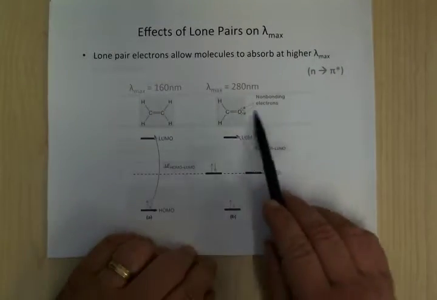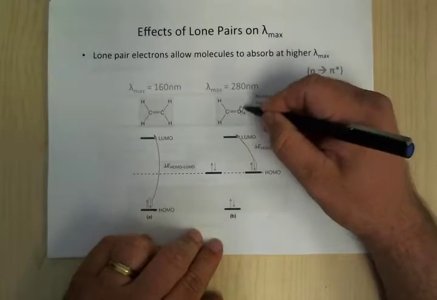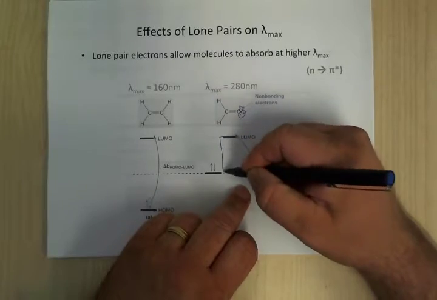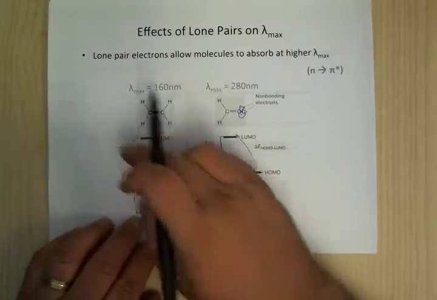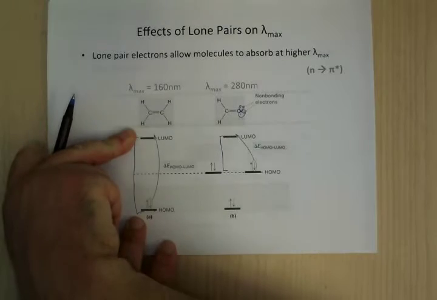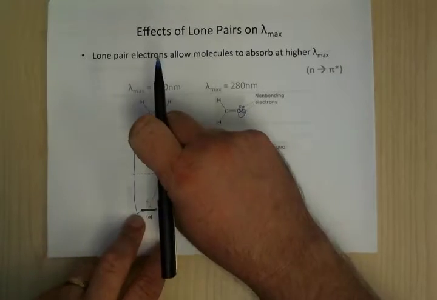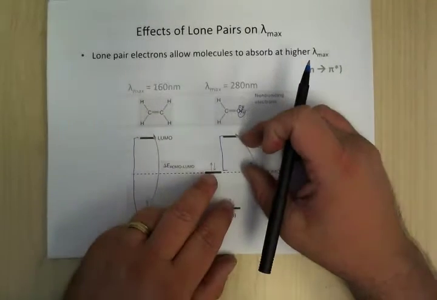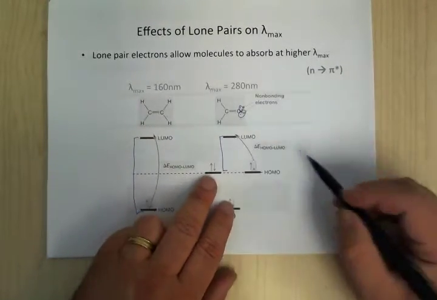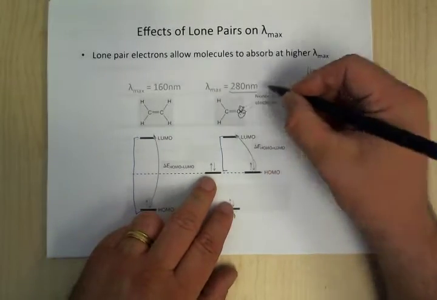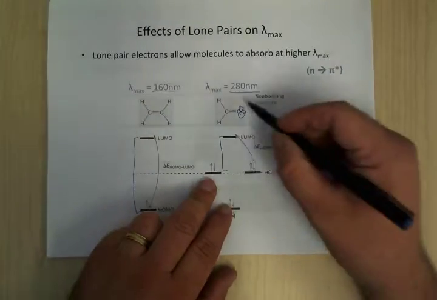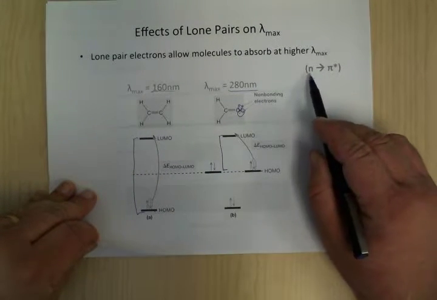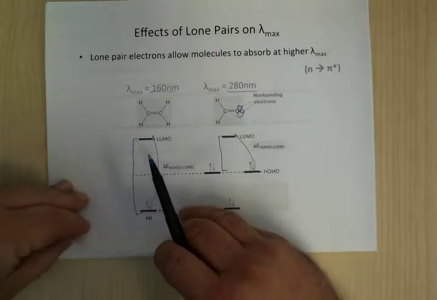However, if you compare it to acetone, these lone pairs here and here are actually further up in energy, and so this gap is much smaller. The pi to pi star needs a much shorter wavelength, higher energy photon to jump. It's a much higher hill to jump, whereas here it's a much smaller hill, so it can absorb at lower energy. This one does it at 280, while this one does it at 160. This is what's called an n to pi star transition. The n is where the lone pairs are.